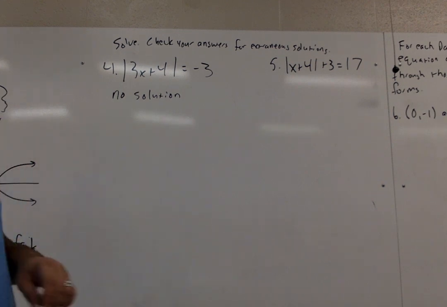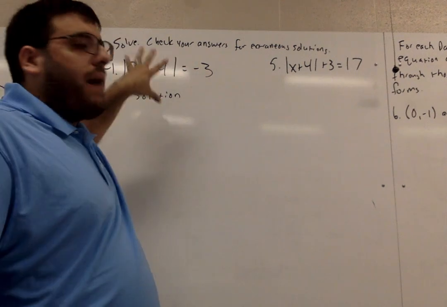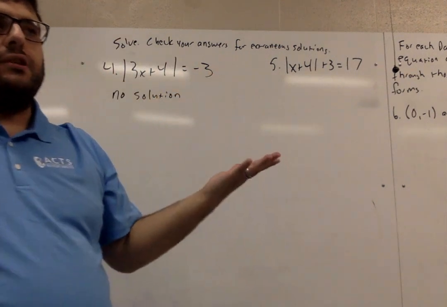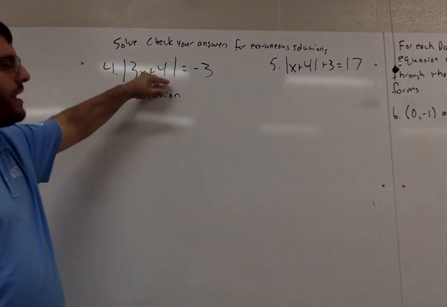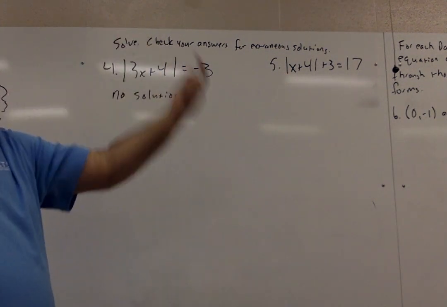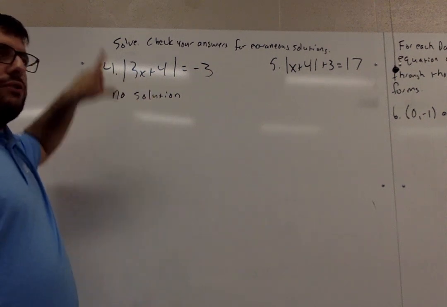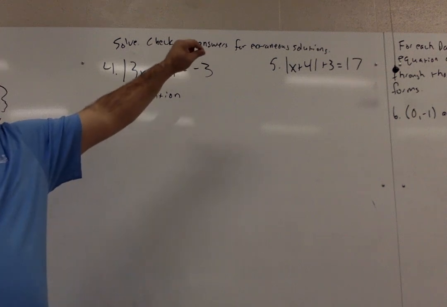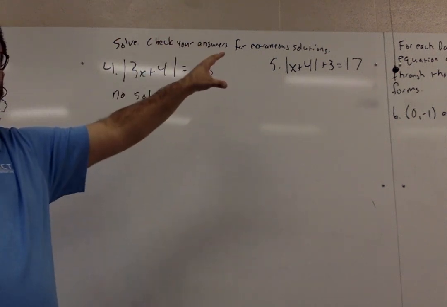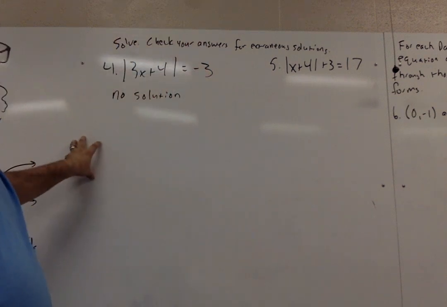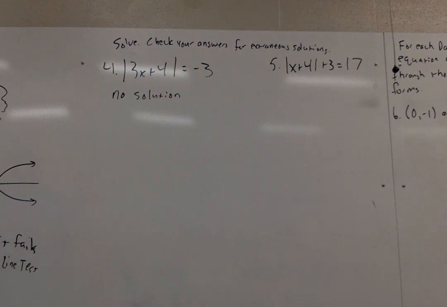Sometimes when you check your answers, you may get one that doesn't fit back into it. That's an extraneous solution. Okay, so you can't use that. So let's say this equation were solvable, and I solve it, and I get 2 solutions. I check my answer, and one of those solutions works, and the other one doesn't. The one that doesn't, I can't include in my answer because that's extraneous. So I have to use the one that did work, where both sides were equal when I plugged it back in. Okay, so make sure you're checking your answers.